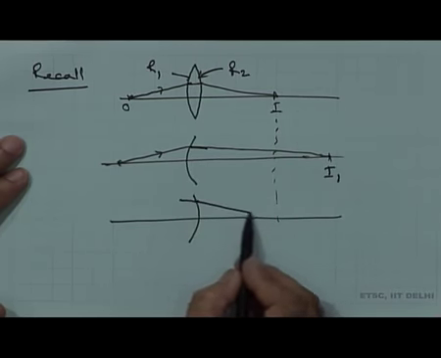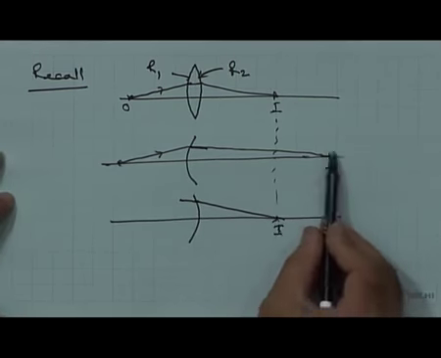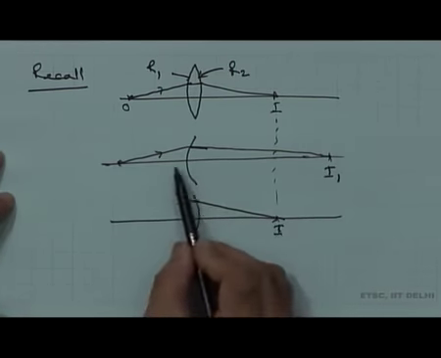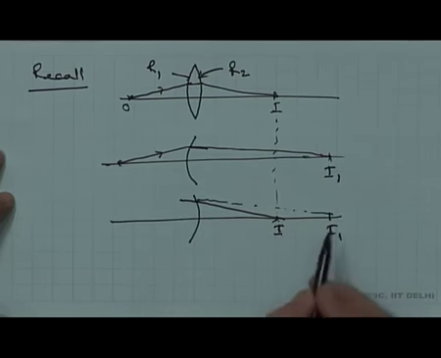So it forms an image here. This is I. We first applied the formula for this refraction and then treated this refraction, where this is I1 and this was the virtual object for the second refraction.